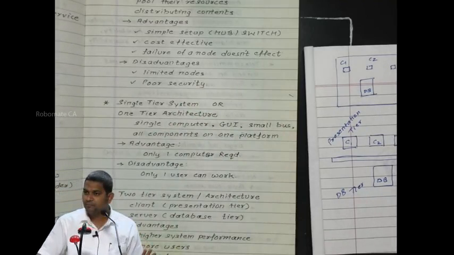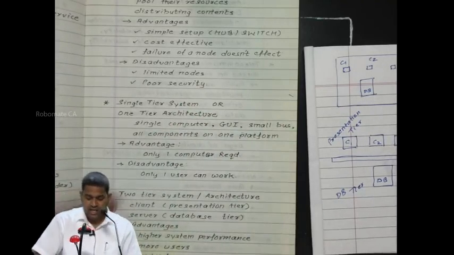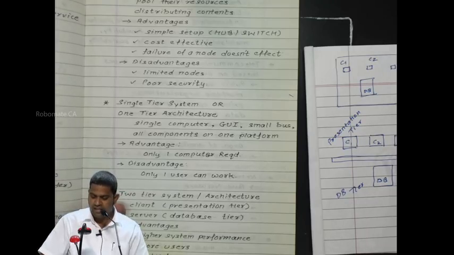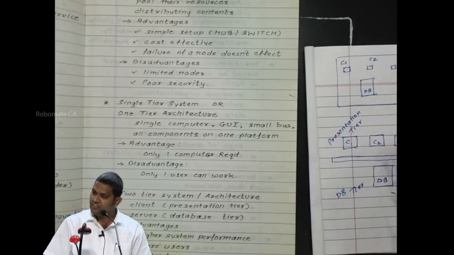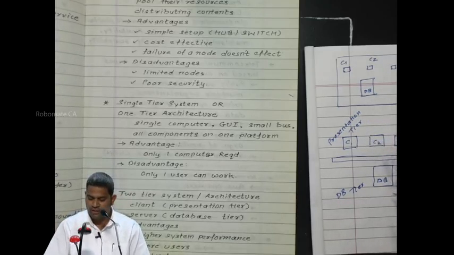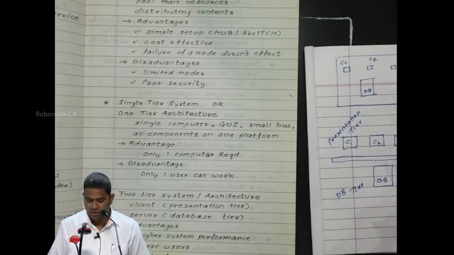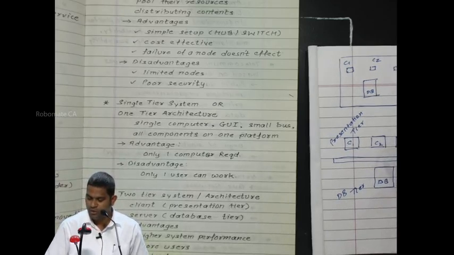Are you understanding? Okay, so we say in a two-tier system, we have client, that is this client, which is taking care of the presentation tier, and we have the server, which holds everything, also called as the database tier. And there is one interface which will be interacting between these two tiers. That is called as your second type, two-tier.